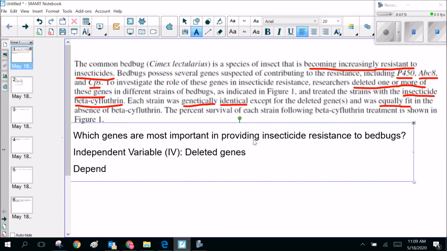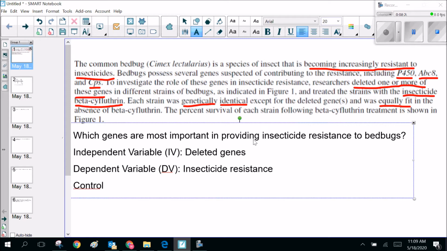The dependent variable, the DV, is what changes based on the independent variable. If we're talking about insecticide resistance and which gene provides the best resistance, we'll be looking at the insecticide resistance in some form, whether it improves or decreases based on which genes we delete.